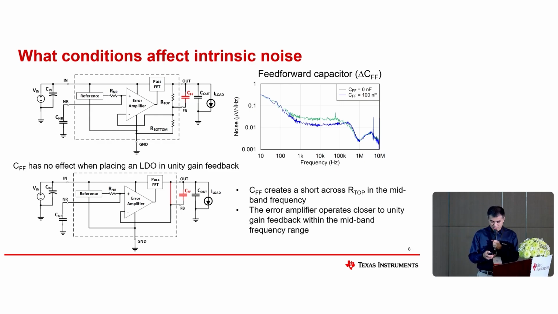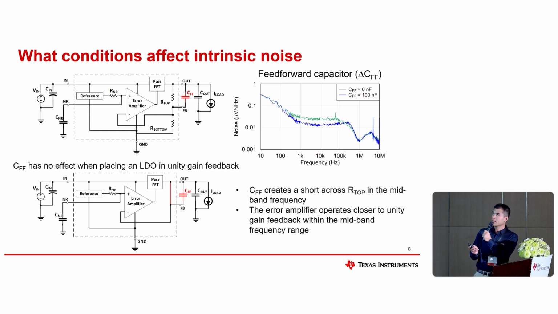Another parameter we need to check is the feed-forward capacitor. Just like in a switching converter, we usually add the feed-forward capacitor to improve the bandwidth. It can also be applied to the LDO side. If the LDO integrates the feedback resistor, we add the external capacitor here.